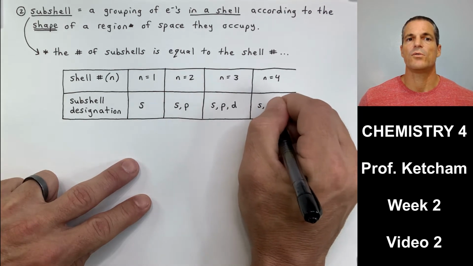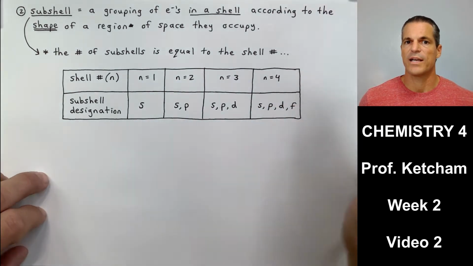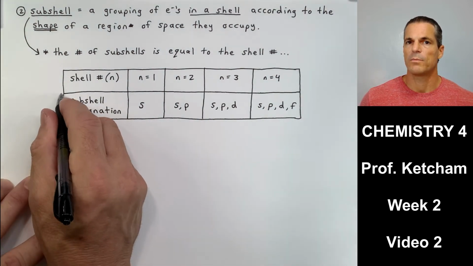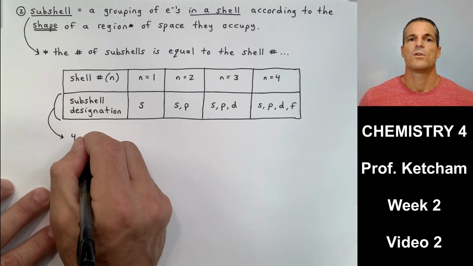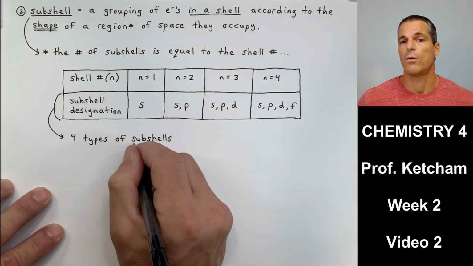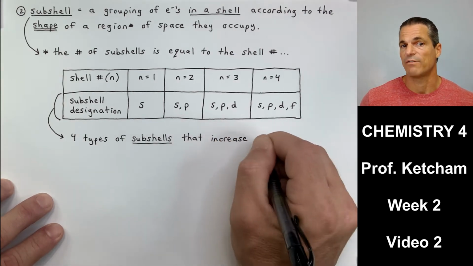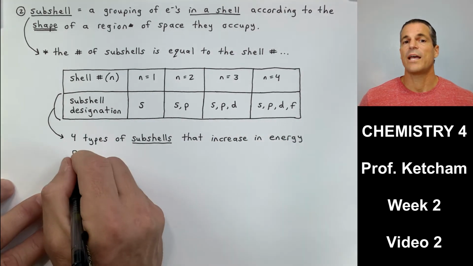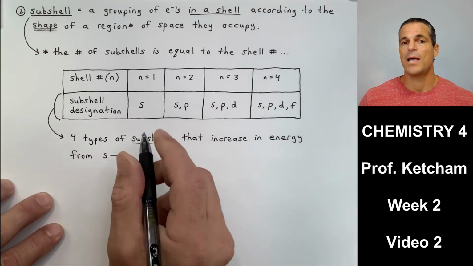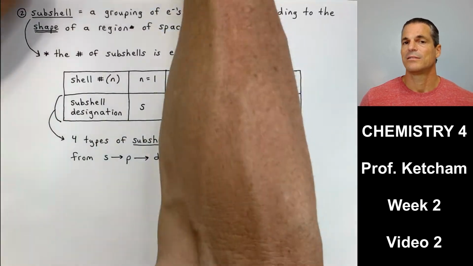When n equals 2, I can have an s orbital or a p orbital. When n equals 3, I can have an s orbital, a p orbital, or a d orbital. When n equals 4, my subshell designations or my orbital identifiers can be s, p, d, or f. So there are 4 types of subshells that increase in energy, and they go from s to p to d to f.